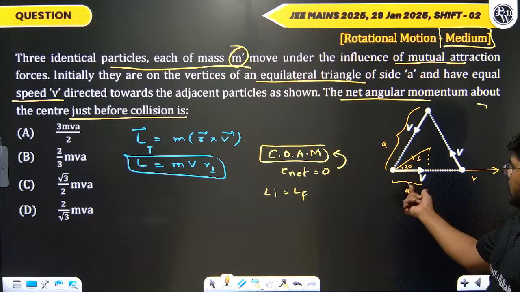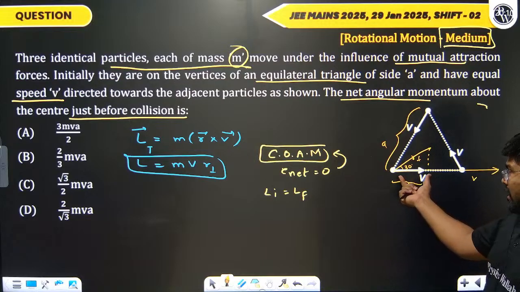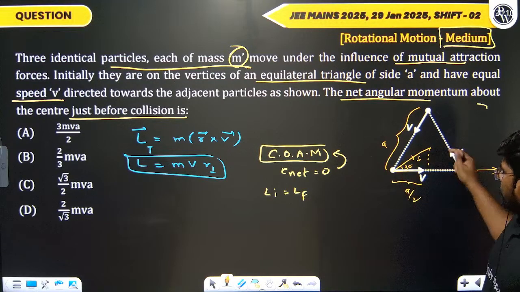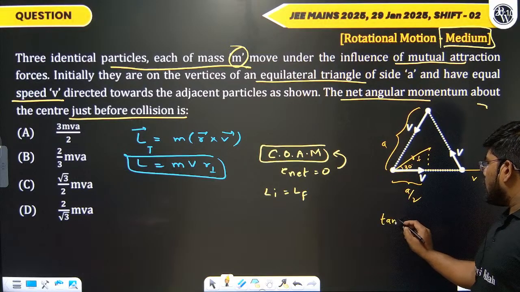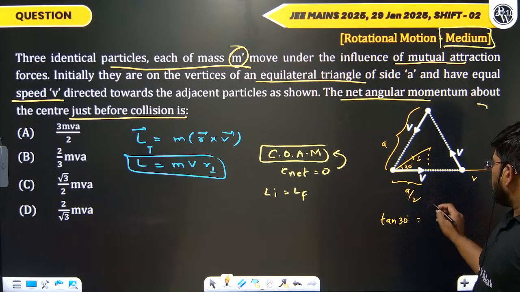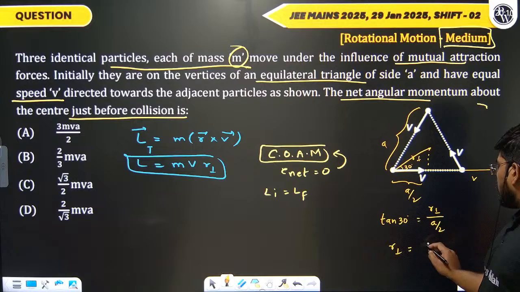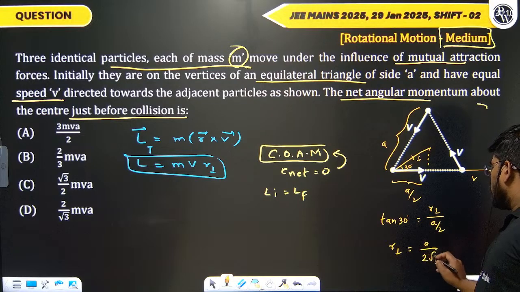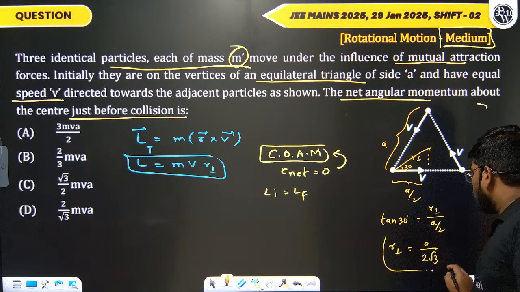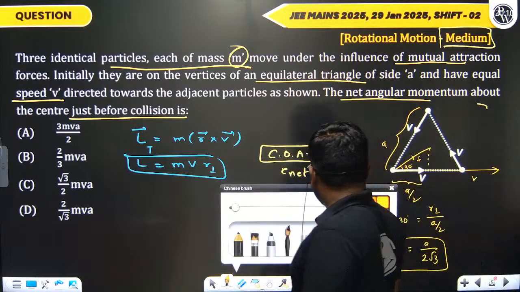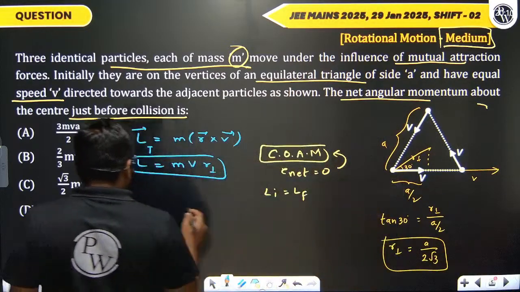We know the adjacent and we want to find the opposite, so we can directly use tan 30. So tan 30 is equal to R perpendicular by A by 2. So R perpendicular is A by 2 root 3, because 1 by root 3. We got R perpendicular, everything we have right in front of us, just substitute.